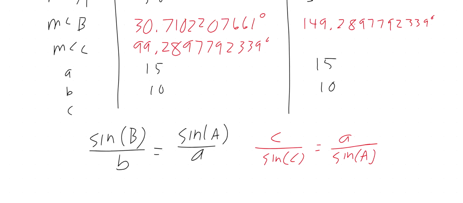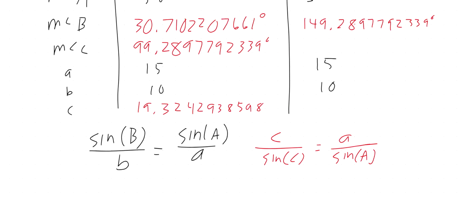And it turns out that side C is 19.3242938598 units. There we go.